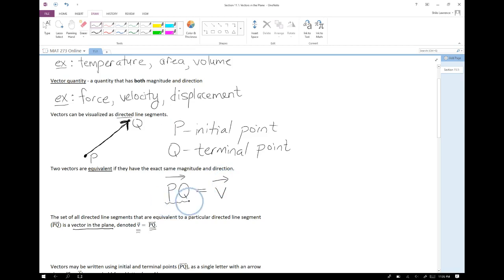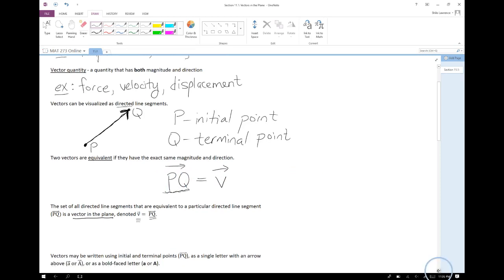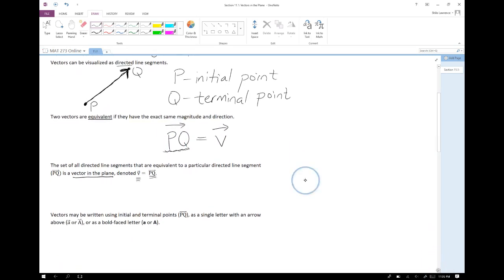If you're going to use the initial and terminal point notation, then we always want the initial point first and the terminal point second. But you'll see in just a few minutes we're going to be sliding our vectors around all over the place. So we don't want to use those 2 points we started with. We just want to call it vector v instead.